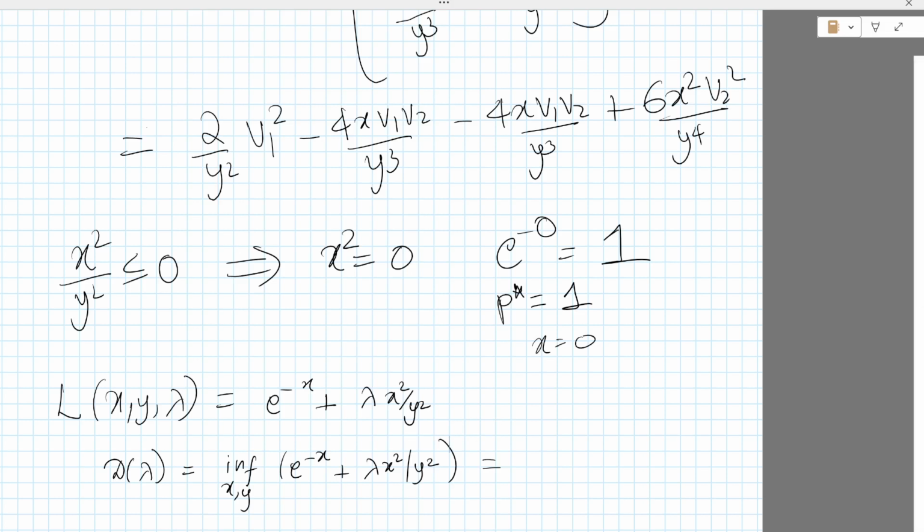We want the infimum. So I can have x, because I don't have here the constraint x squared by y squared less than or equal to 0. But implicitly y need not be greater than or equal to 0. y just can't be equal to 0.